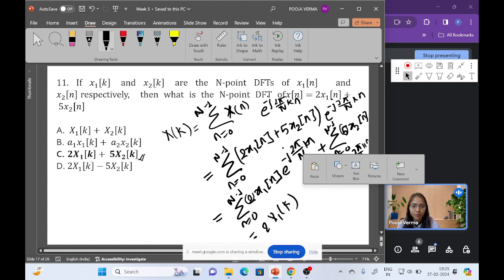There is some problem, I'm not able to write it. So 2X1 of k plus 5X2 of k. Which option is this matching? Option C is the correct answer for this one, 2X1 of k plus 5X2 of k.